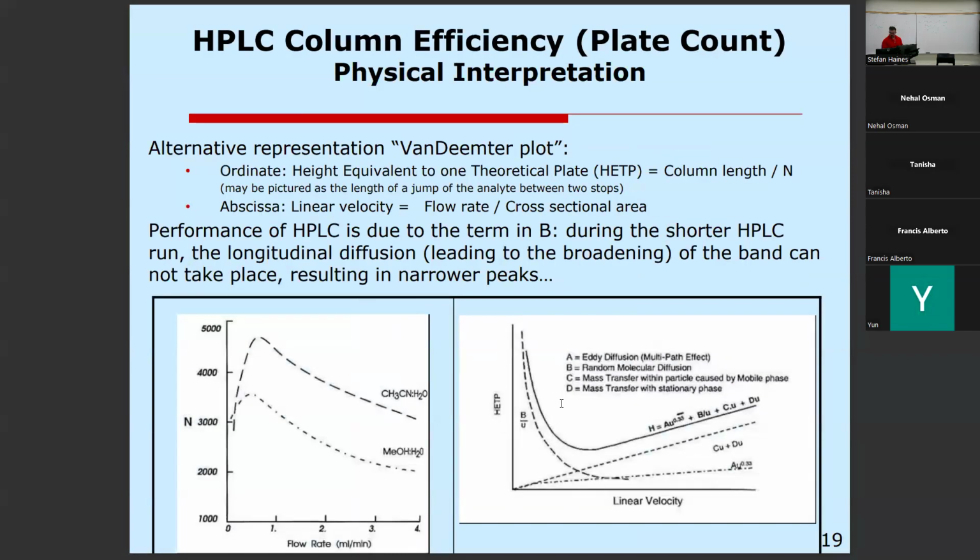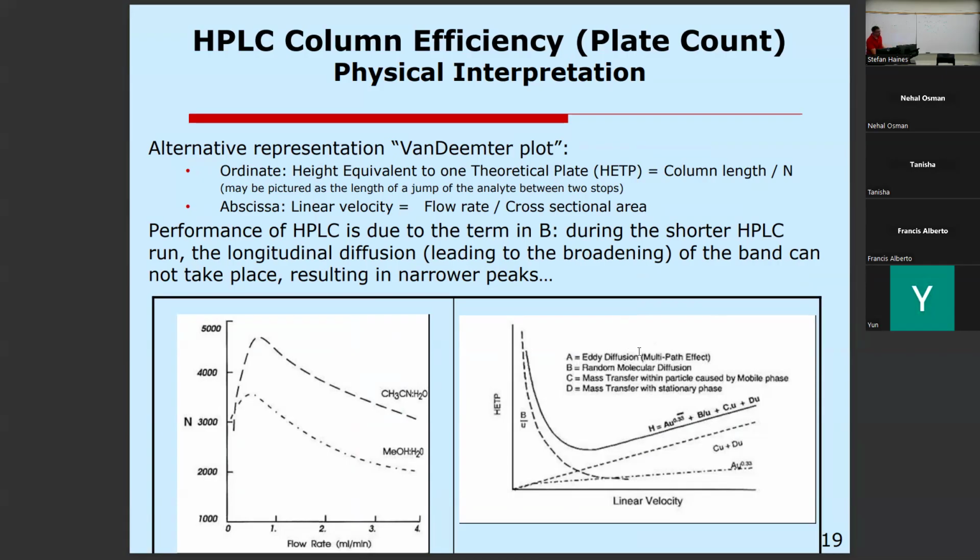And then we also have our, again, HETP, height equivalent to one theoretical plate. Basically, it relates your column length to your plate count. This graph kind of shows you how your height decreases over time, or how it goes. This graph doesn't get the point across very well, right?